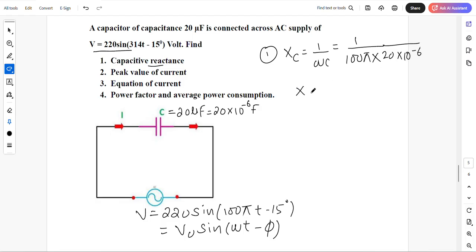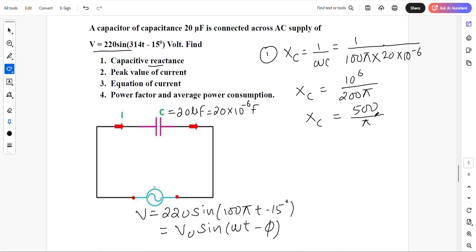Xc is equal to how much? Just now we calculated. Xc is equal to 10 to the power of 6 divided by 200 pi. Xc is equal to how much we are going to get? We are going to get 500 by pi.